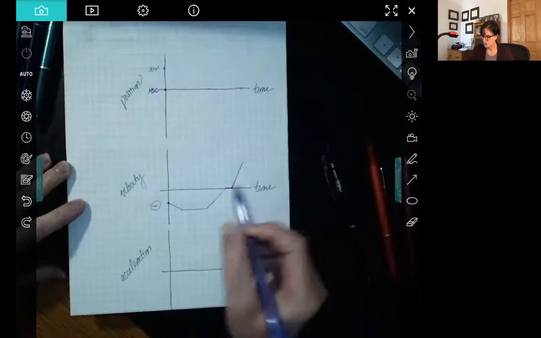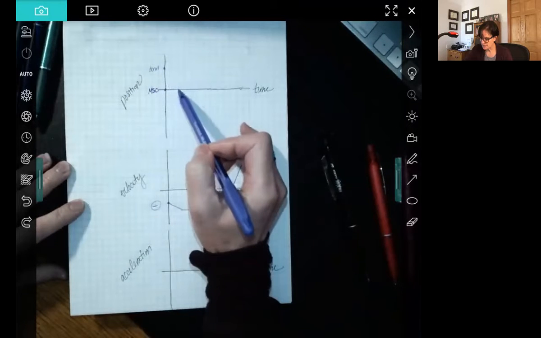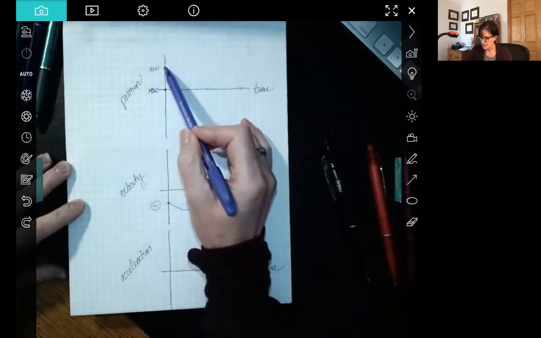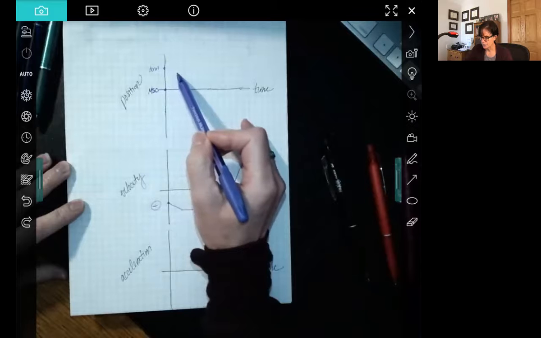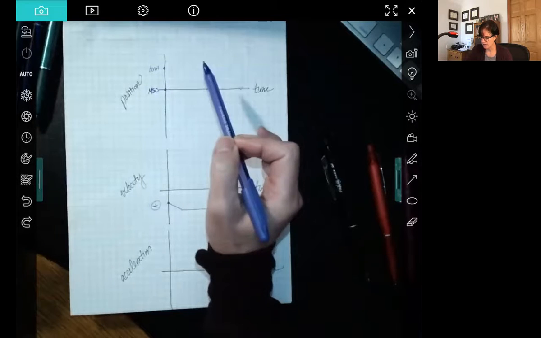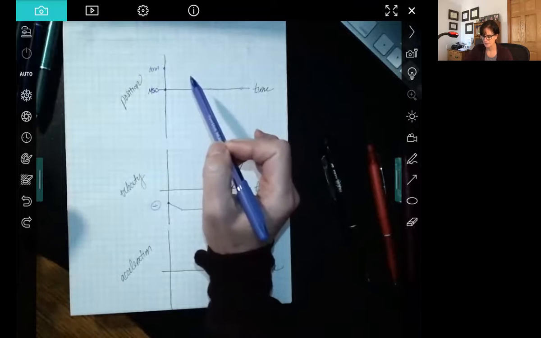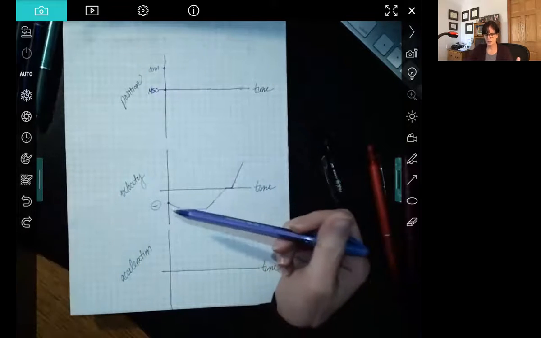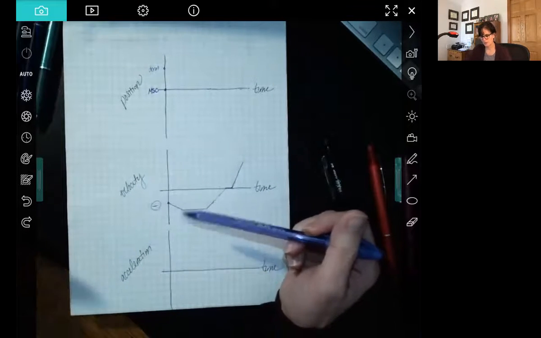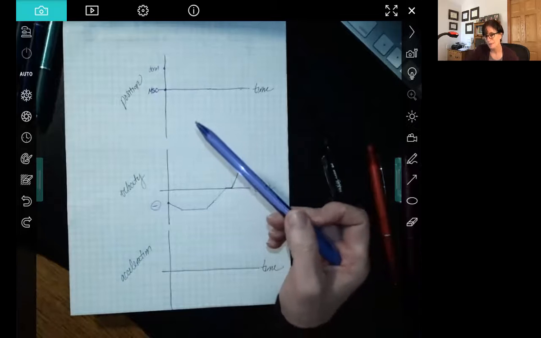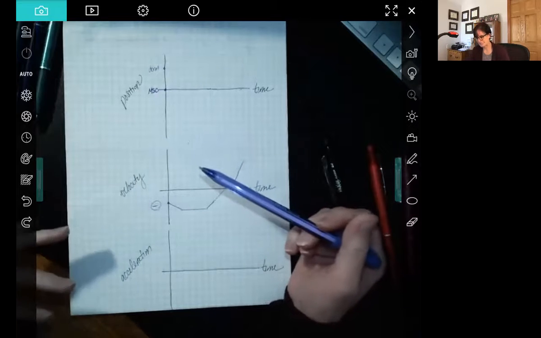All right. So during that first couple bits of time, I am heading towards the MSC. I haven't gotten there yet, but I'm heading towards the MSC. Now, as I move, I'm going to head in the negative direction. My slopes then must be negative.